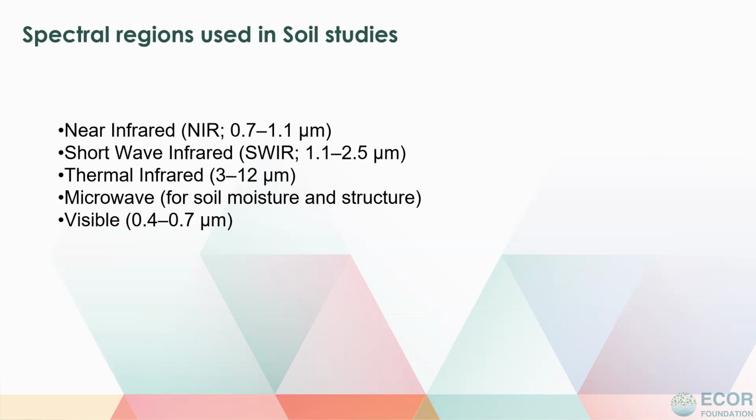Thermal infrared tells us about temperature differences and thermal properties. Microwave sensors, especially radar, can penetrate clouds, and are highly valuable for soil moisture detection as well. Understanding these relationships gives us an idea to choose the right data for the right analysis.